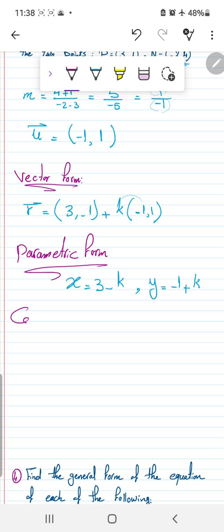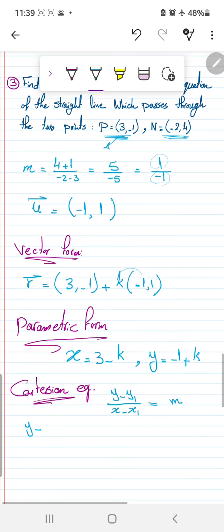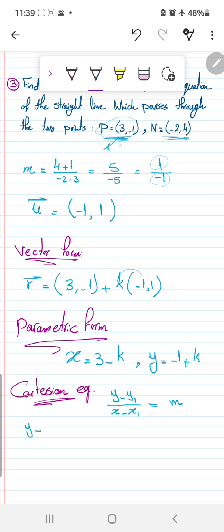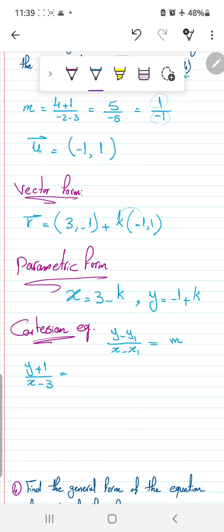What about Cartesian? The rule is y minus y1 over x minus x1 equals m, the slope. Substitution: with the first point, y minus negative 1 is positive 1, over x minus 3 equals the slope, which is 1 over negative 1.